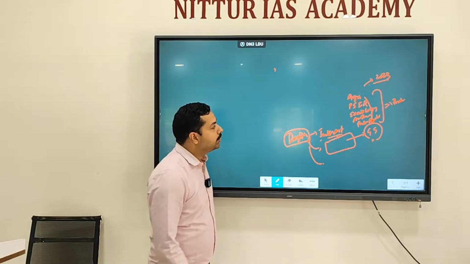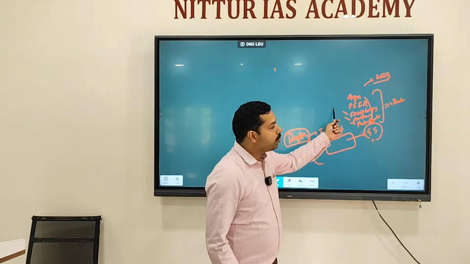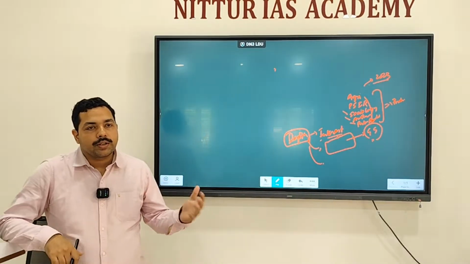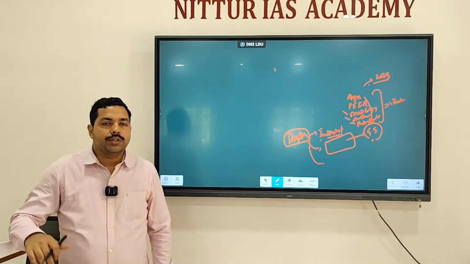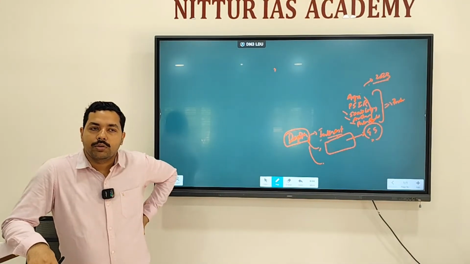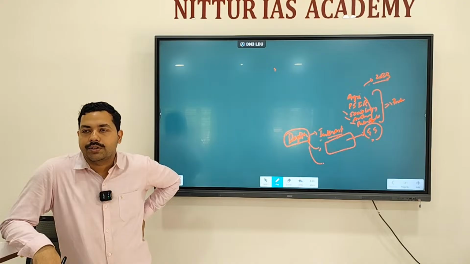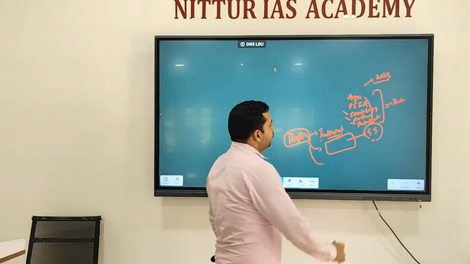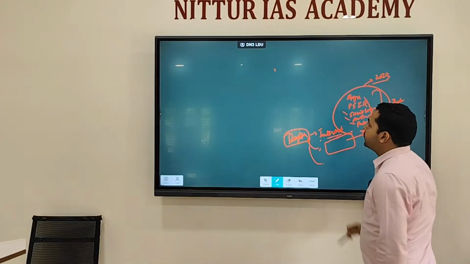Clear? These help you in the GS paper also, so that you don't have to read separately for GS and for optionals. So you can take public administration as an optional. These are important points to keep in mind while choosing optionals.